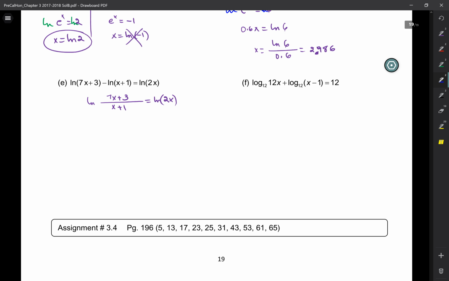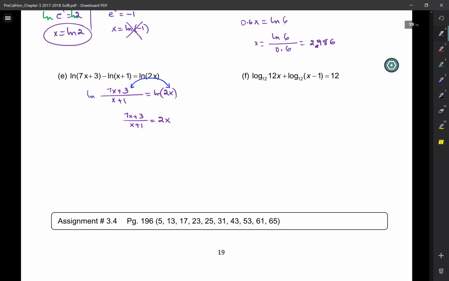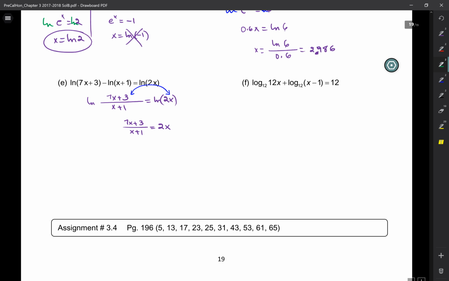Okay, who's going to carry on the torch? You can set the arguments equal to each other. Well, now we go at it like Algebra 2 style. Multiply by the LCD.